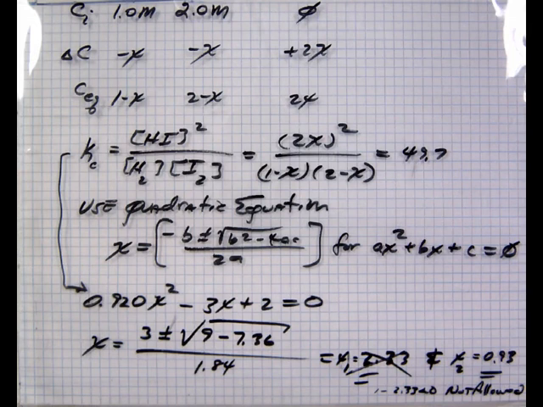Because you started with 1, you go down by whatever the difference is, impossible. So the issue is you test it along your equilibrium row and see if you get any negative numbers. If you get any negative numbers, throw that value out. And the 0.93 will fit and give us reasonable concentrations at equilibrium.